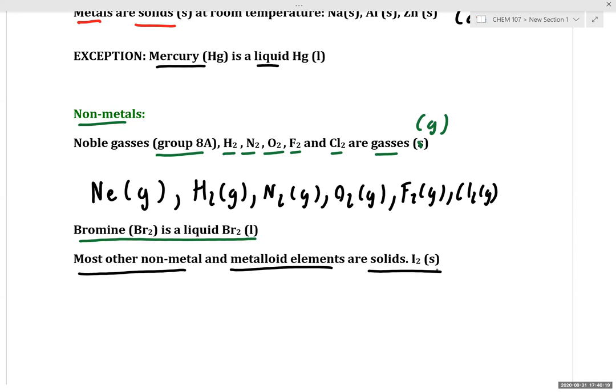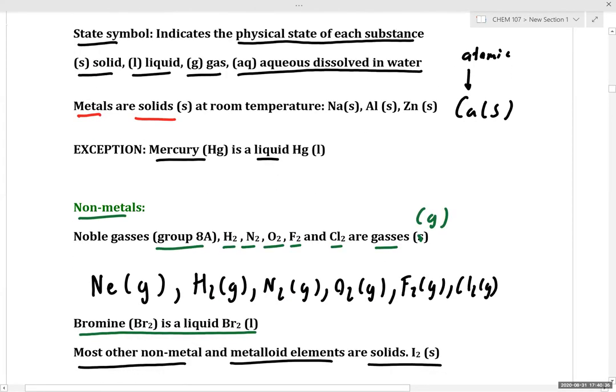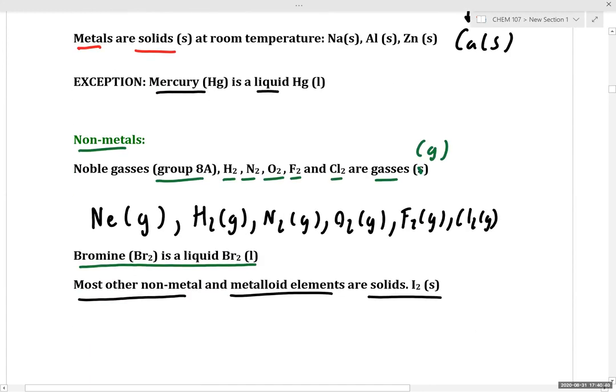Any other questions on this example? So in general, most elements are a solid at room temperature. Just as a refresher, metals are solids, mercury is a liquid. Your noble gases, hydrogen, nitrogen, oxygen, fluorine, and chlorine are gases written with a G symbol.